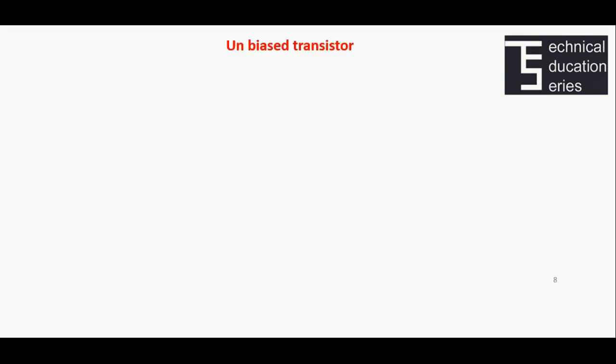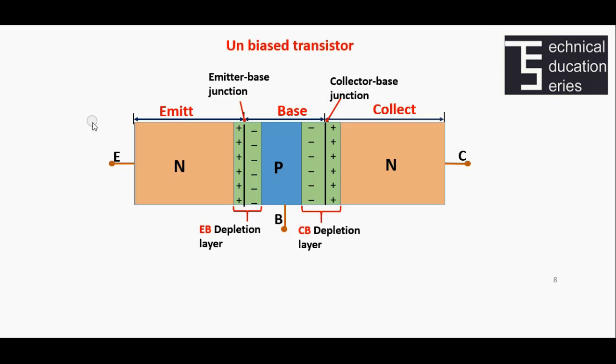Unbiased transistor. When no voltage is applied between the different terminals of the transistor, that transistor is said to be in the unbiased state. And this is the unbiased state of an NPN transistor. As we know, a transistor consists of two junctions, that is the emitter base junction and the collector base junction.